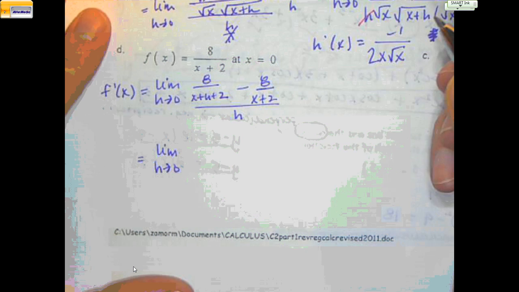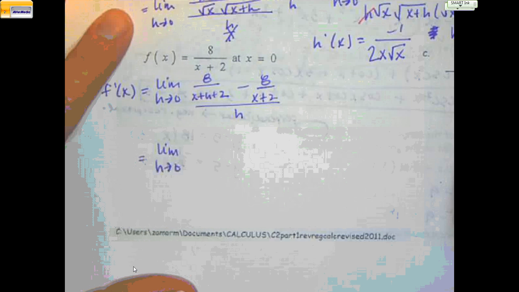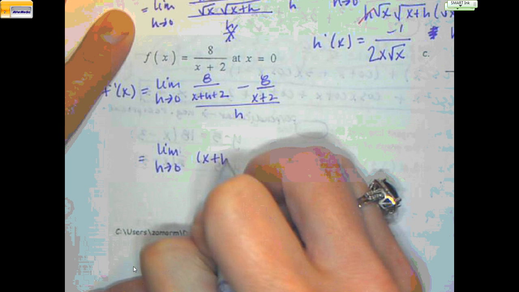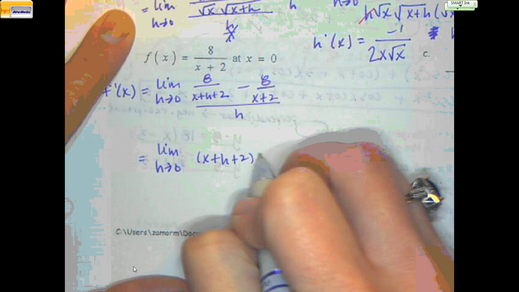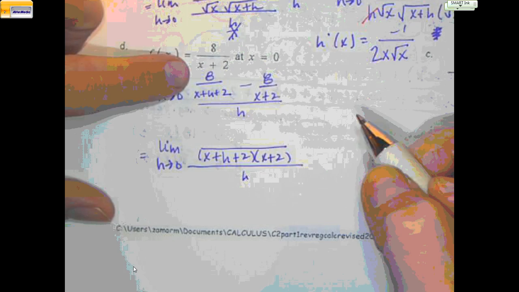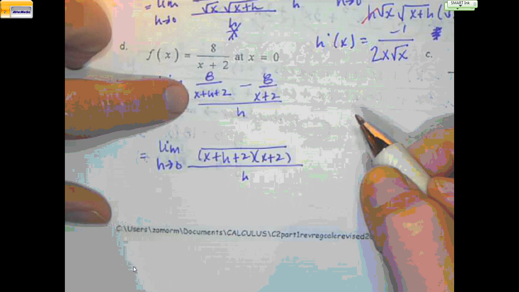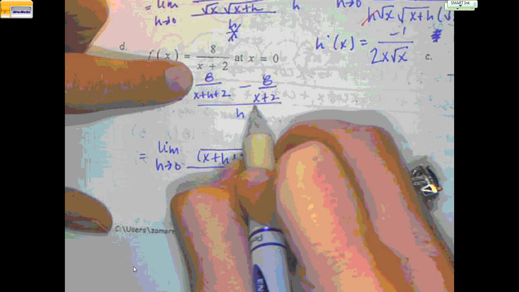This is one of those ones where some of you guys are like, oh, I already have the x and the 2, I just need the h. Doesn't work that way. These are two separate terms. So we have x plus h plus 2 times x plus 2. That is the denominator. For the numerator, the bottom I multiplied by x plus 2, so the top, if I multiply by x plus 2, I'm going to go ahead and distribute.